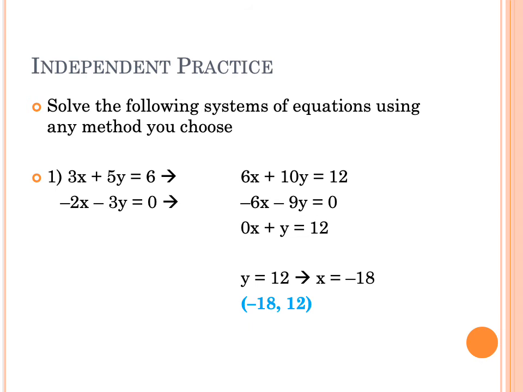When I add both sides, I get 0x, which cancels. I had plus 10y and minus 9y, which combine to positive 1y, and that equals 12. From there, I can substitute into either equation, and you end up getting negative 18.